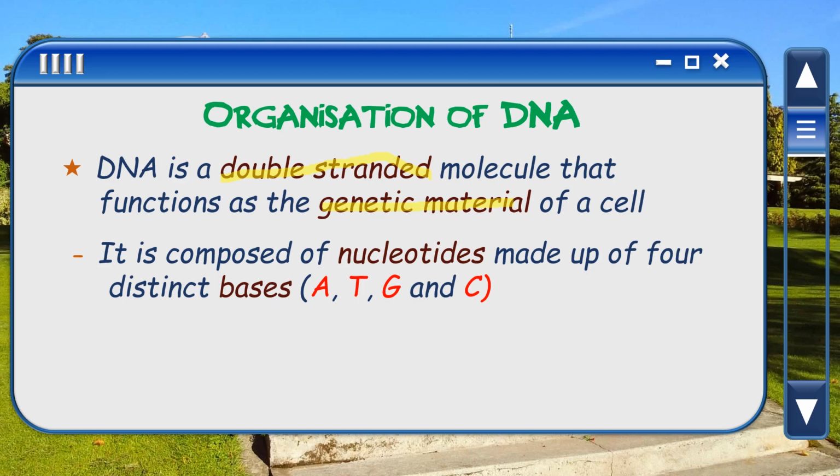If you look at it, it has two strands running parallel to each other, joined by bases in between. Those are the ones we are referring to as a double-stranded molecule, and it functions as the genetic material of the cell. It contains the genetic information.